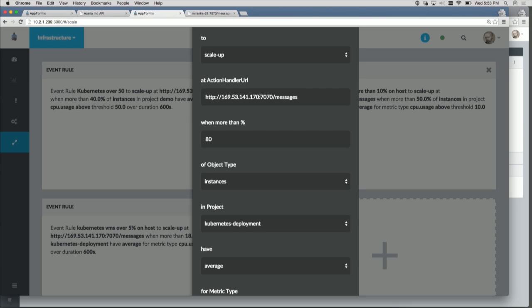So you write your own application, you understand how to load balance it. So I have an HA proxy layer which I know how to load balance, which is serving requests to a sharded MongoDB. So I know how and where I want to add a new Mongo node. So this action handler URL is acting as a proxy for that.